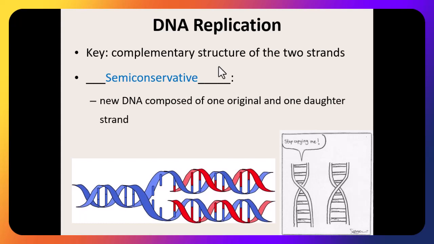What the semi-conservative part means is in our new strands, our 2 double strands of DNA, one of the strands is always from the original DNA. That's semi-conservative. We know that in the new DNA that's made, one of the 2 strands in our double-stranded DNA came from the original strand. It served as the template to make the other side.